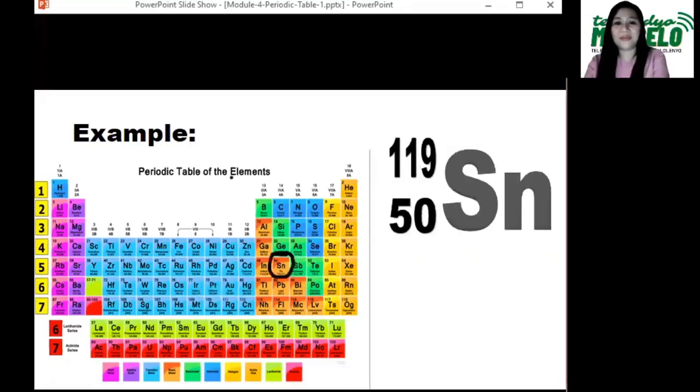Next, the element Sn or tin with an atomic number of 50 and an atomic mass of 119. This element belongs to what period? You are right. It belongs to period 5. Do you have any question? Great, you've learned so fast. Very good.